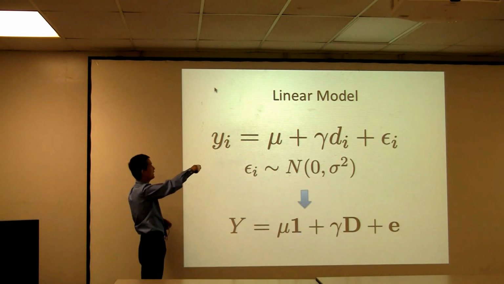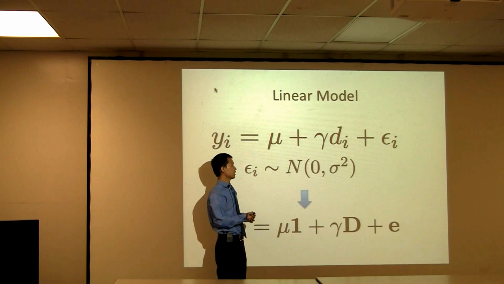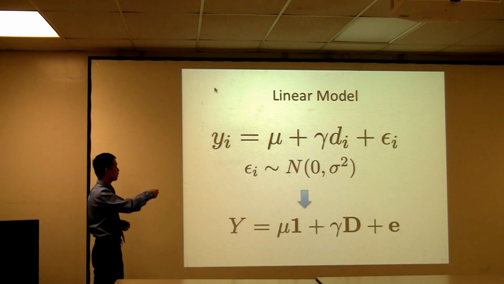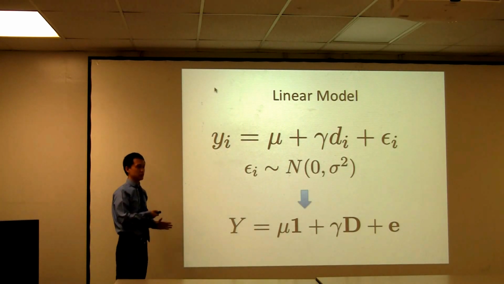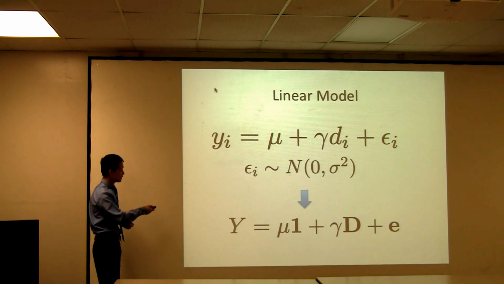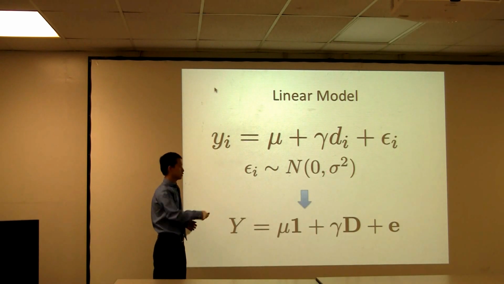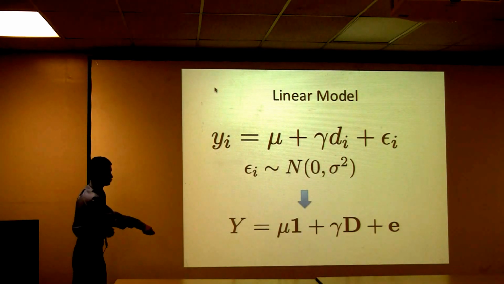So y_i is the phenotype value, and d_i here is the IBD degree type. In this formula, we can see that d_i is similar to the genotype in a normal linear model, and the error term follows a normal distribution with variance sigma squared. And we write it in the vector form.